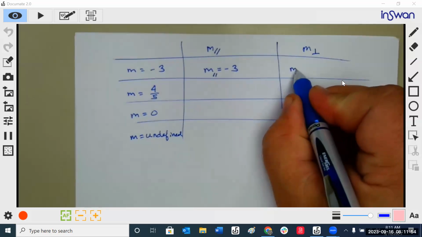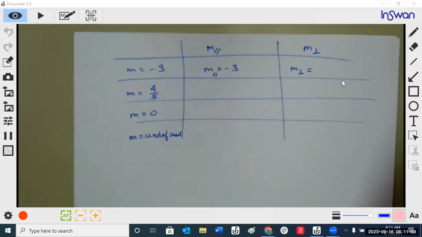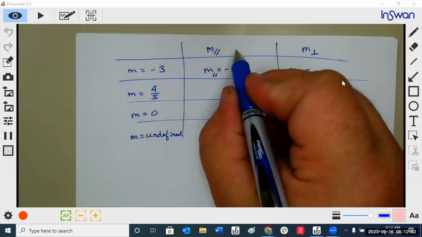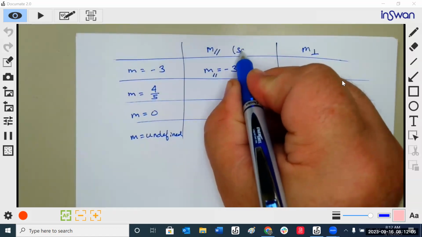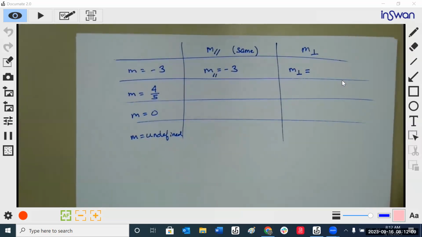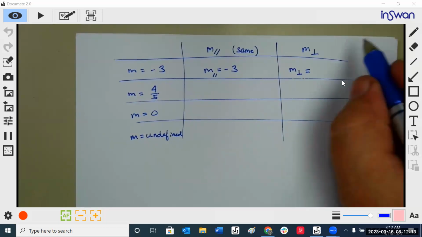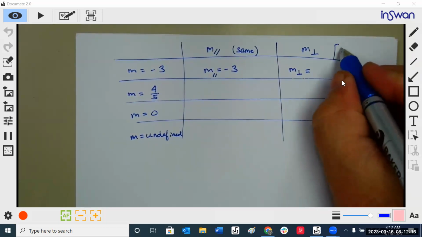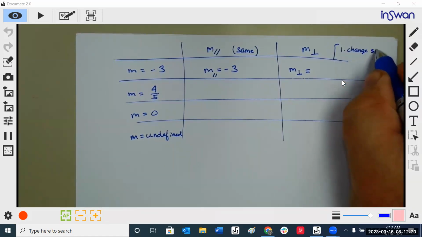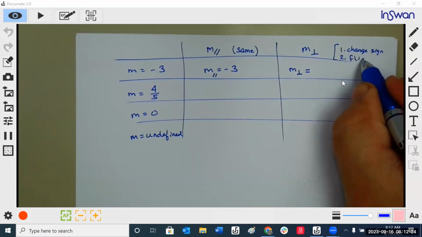The slope perpendicular, the perpendicular ones change sign and flip.